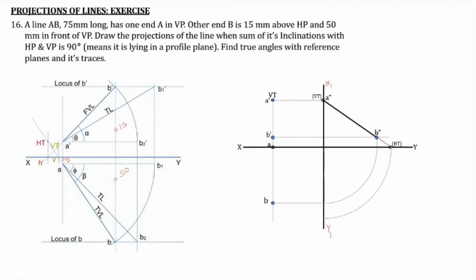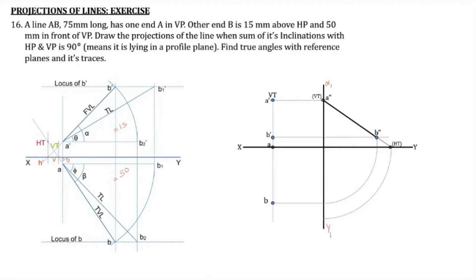Now in order to get the HT back in our original top view, we replicate the distance between the point of intersection of xy and x1 y1 and HT. So we draw an arc in the reverse direction from HT, such that the arc intersects with the x1 y1 line.